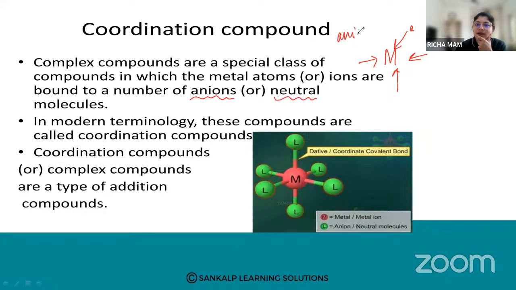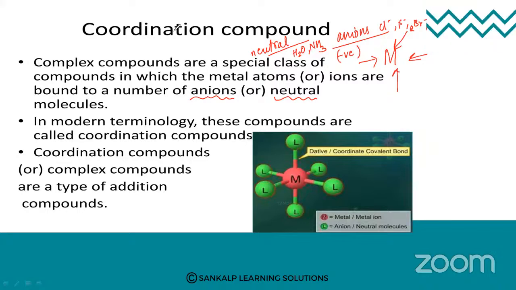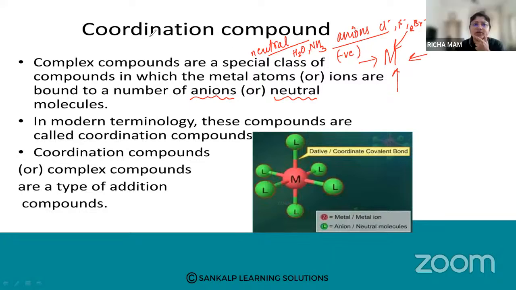Anions means molecules having negative charge, and neutral molecules do not have any charge. For example, H2, ammonia. Anions are, for example, Cl minus, F minus, Br minus.